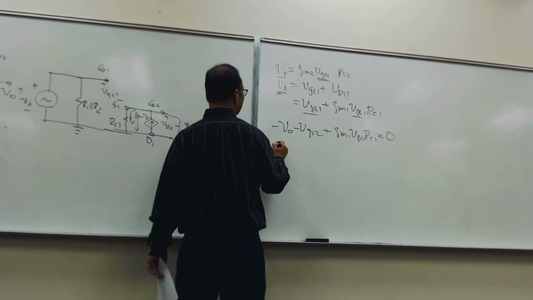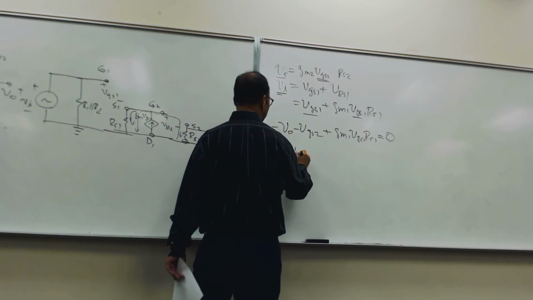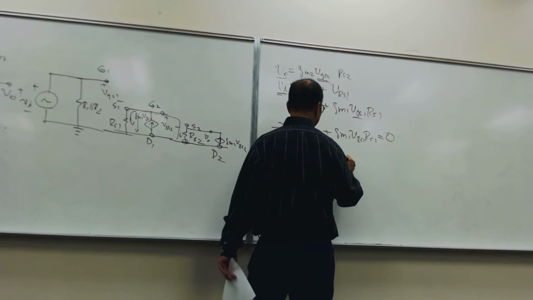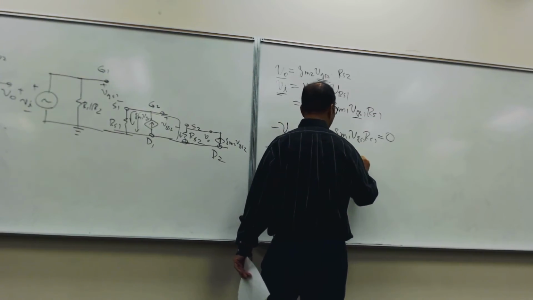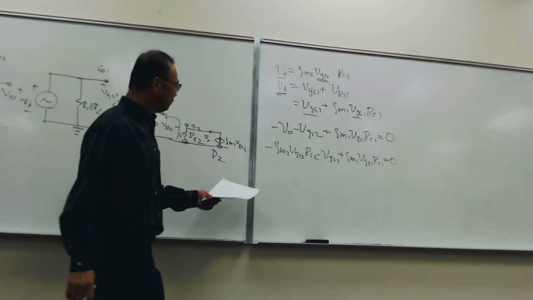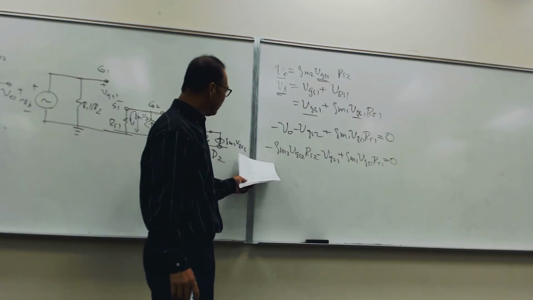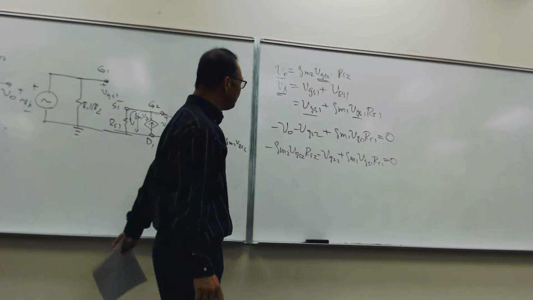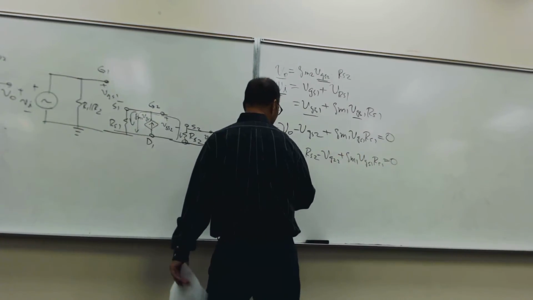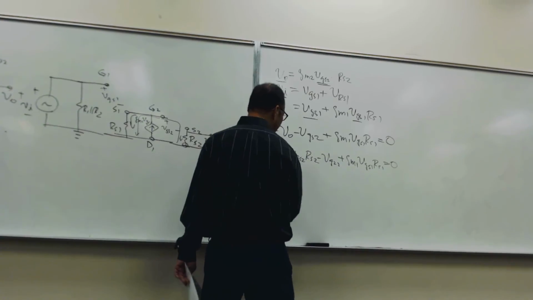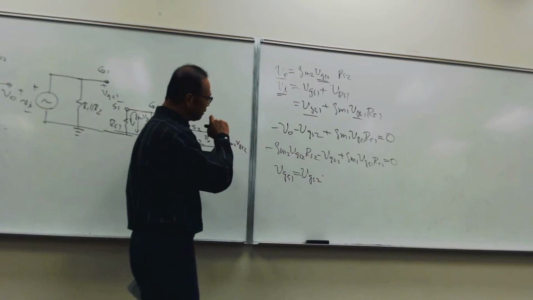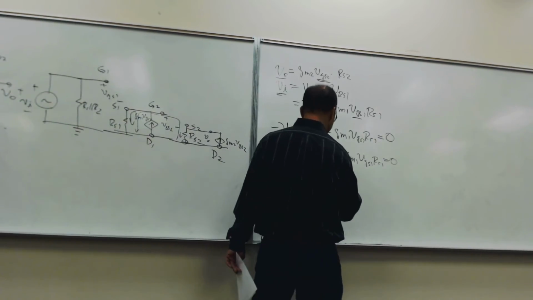Now, Vo is here, so it's minus gm2 VGS2 RS2, minus VGS2 plus gm1 VGS1 RS1 equals 0. So now I have the correlation between VGS1 and VGS2. So now I can take the VGS1 on one side, that's equal to VGS2 on the other side times what?